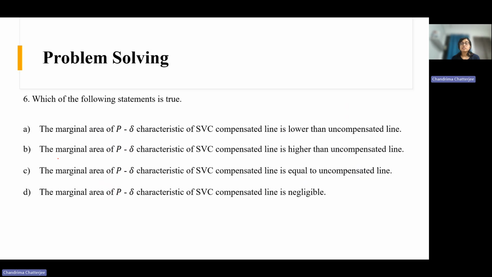The options are: the marginal area of P delta characteristic of SVC compensated line is lower than the uncompensated line; higher than the uncompensated line; equal to the uncompensated line; or negligible.